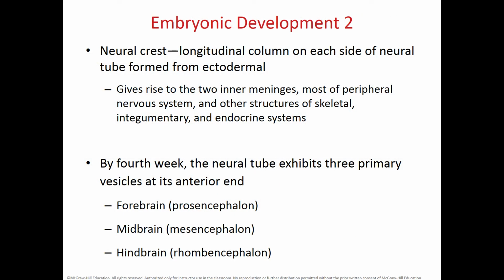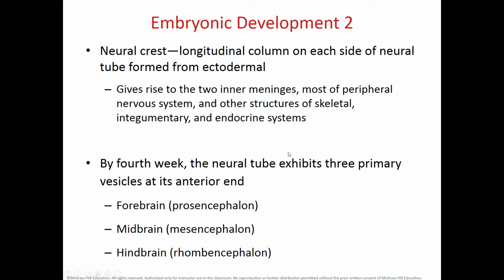Now the neural crest is going to give rise to different structures in the adult, like the two inner meninges, the pia mater and the arachnoid, and also it is going to form most of the peripheral nervous system and parts of the skeletal, integumentary, and endocrine systems.